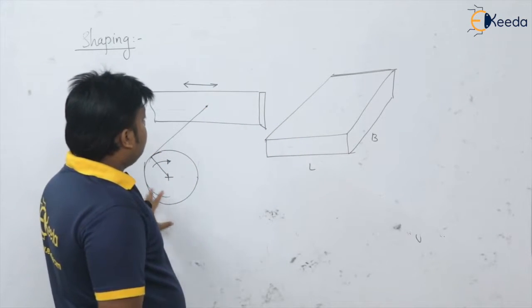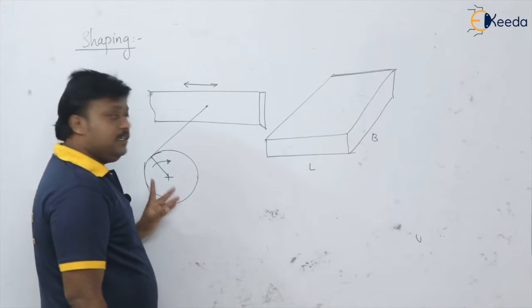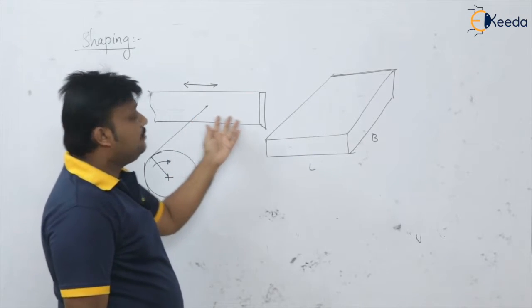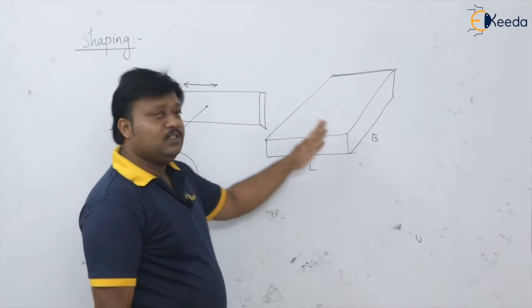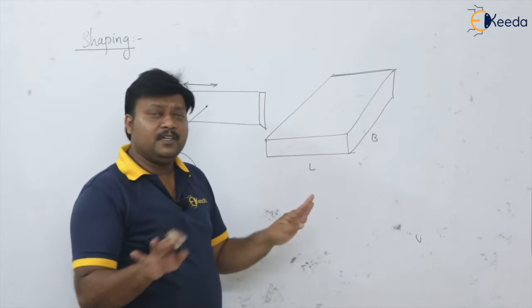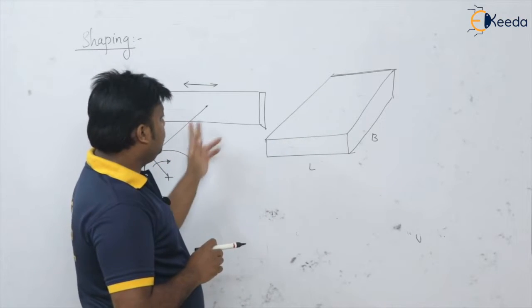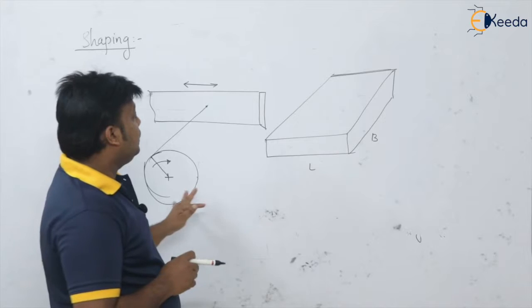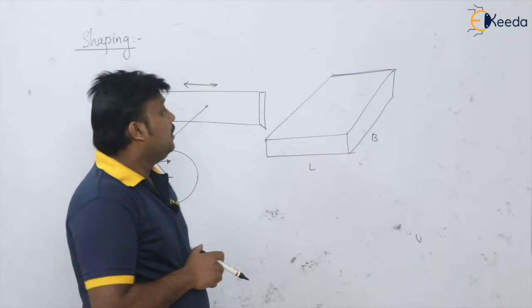So here of course the crank is having the constant speed, but we are having different velocities. For the forward stroke we are having one velocity, and for the return stroke we are having a different velocity. So how are we going to get this? By this quick return mechanism.